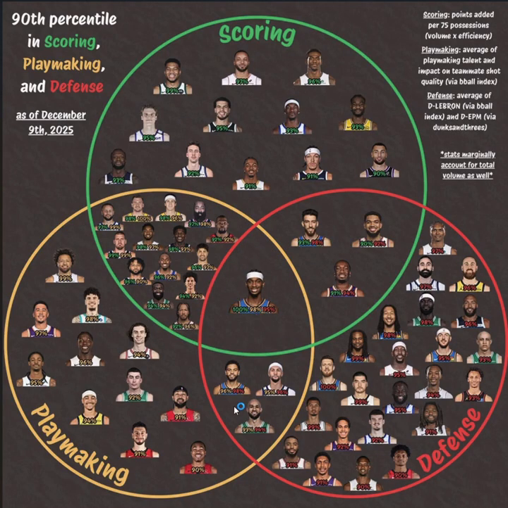In SQL terms, that is select player from scoring, intersect, select player from playmaking, intersect, select player from defense. It returns almost no one, which tells us that true scoring, playmaking, and defense superstars are extremely rare, even among the league's best. So that is the first demonstration diagram.